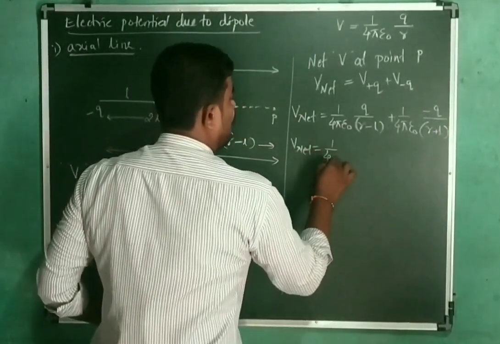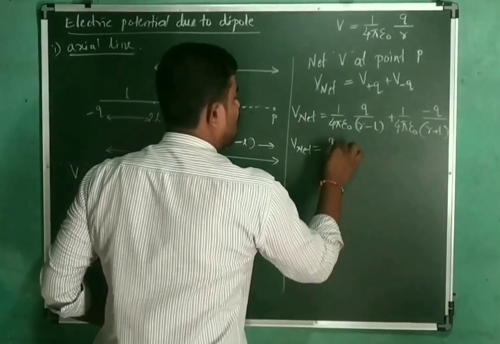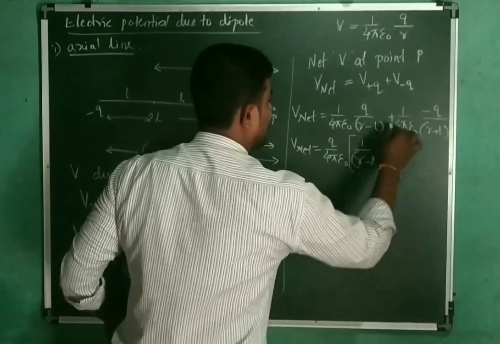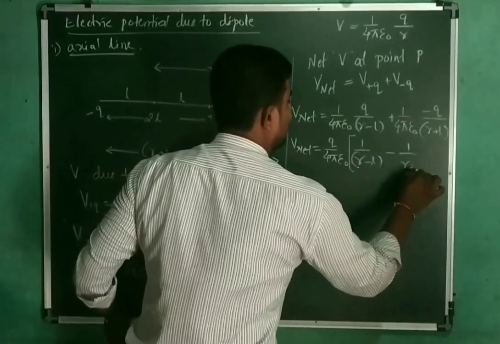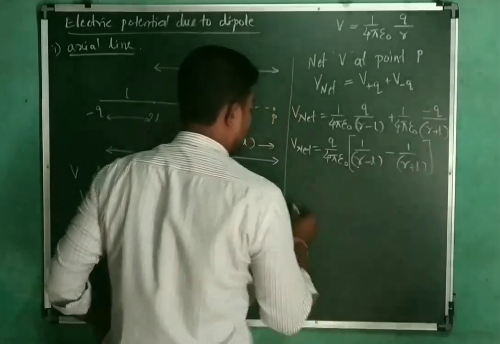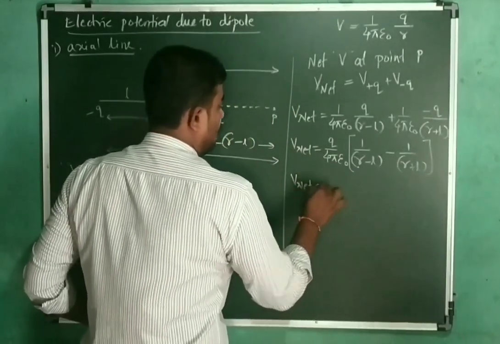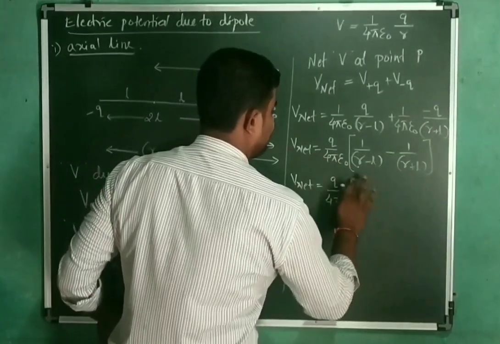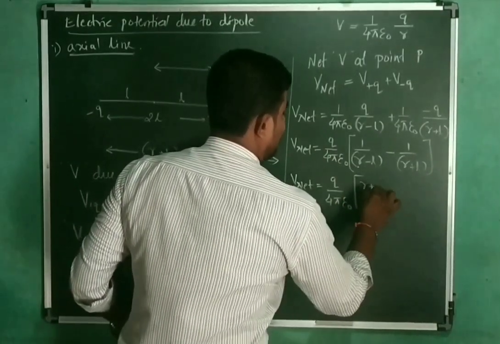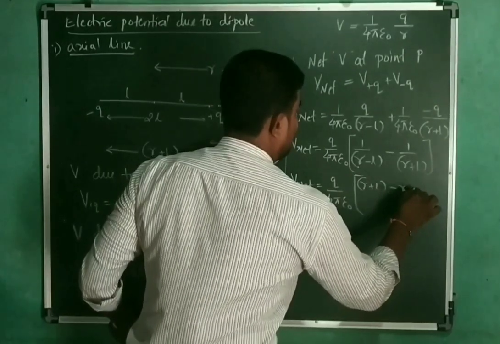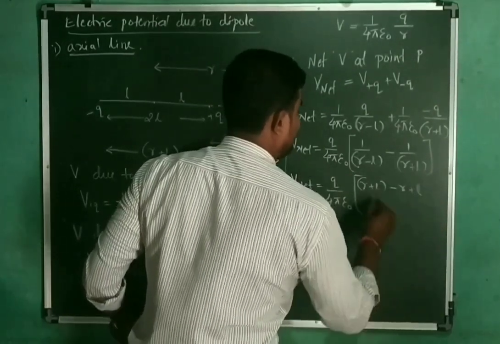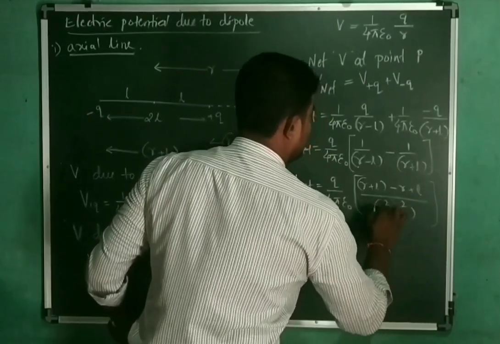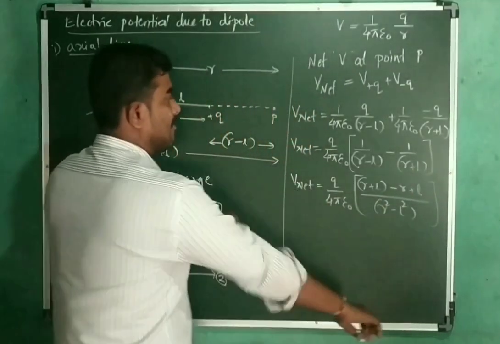1 divided by 4 pi epsilon naught, and q is also common, and inside the bracket 1 divided by r minus L minus 1 divided by r plus L. Okay, and V net is equal to q divided by 4 pi epsilon naught (r plus L minus r plus L) divided by r square minus L square, because it is in the form of a plus b, a minus b.